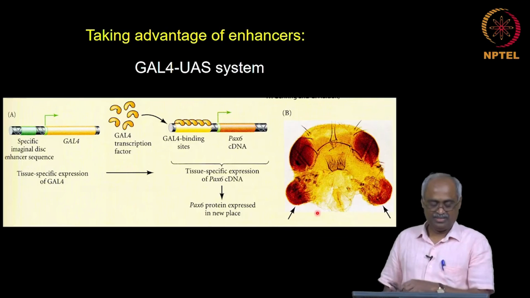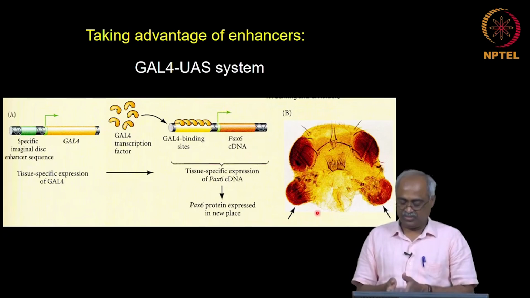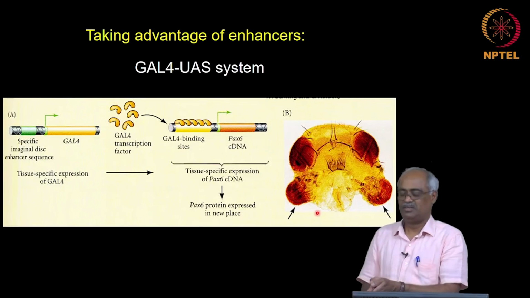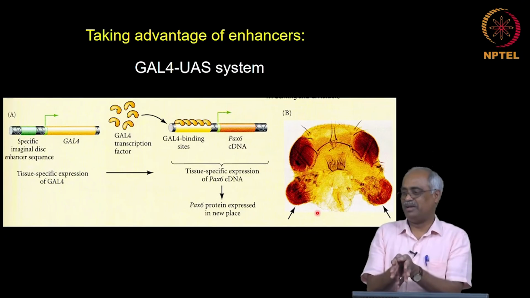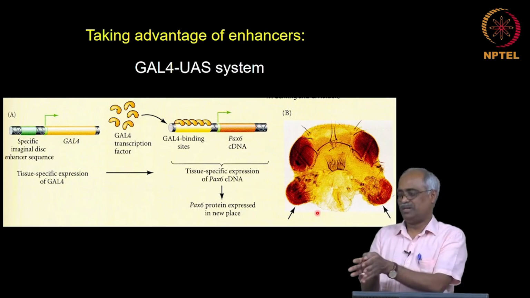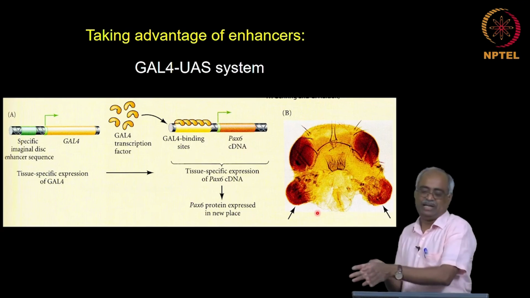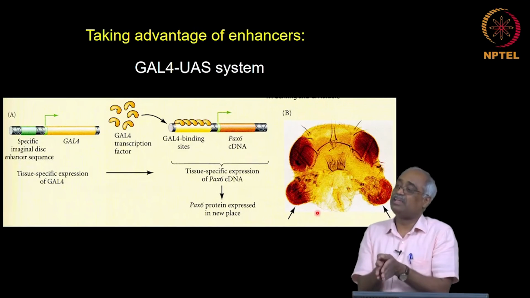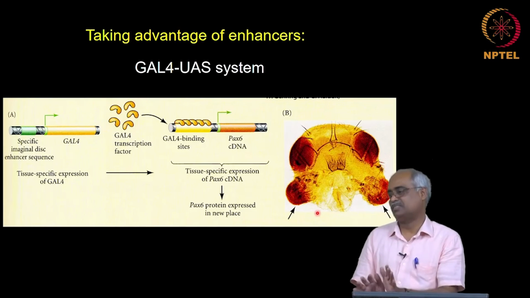You did not get it? See, you want to know two things here. One is what this protein does if it is put in a particular biological context. Another is which imaginal disc has the ability to develop what kind of structures. Normally it may develop, let us take for argument, an antenna, but it has the ability to make an eye as well if you provide an eye specific transcription factor.